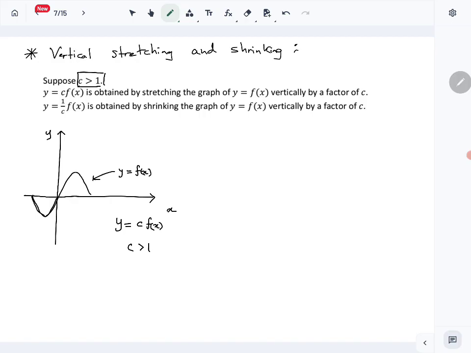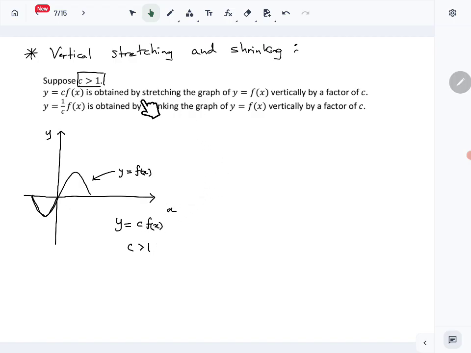Okay, right. So what will happen here? Think, which values change, x or y? I multiplied the function values by a constant, so y values change, x values are not affected here because c is outside. So then what happens to each y value? Each y value will be multiplied by this constant. So if it was 2, each y value doubles. If it is 3, each y value triples.